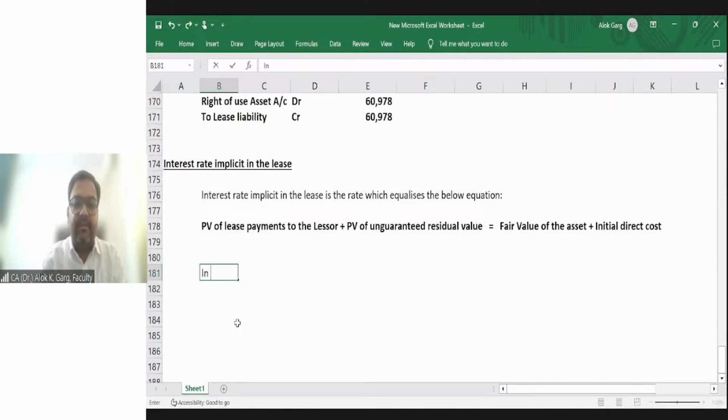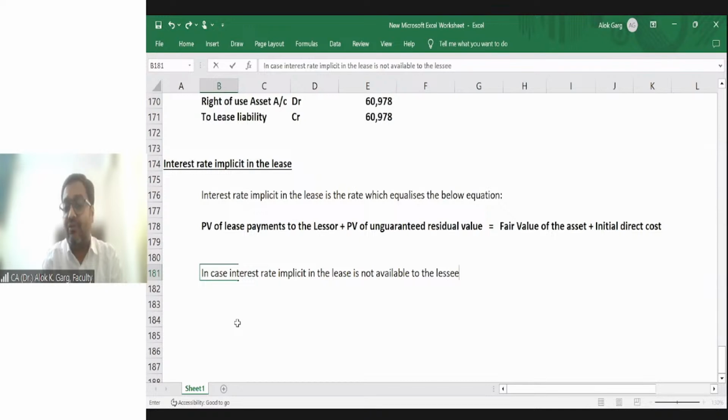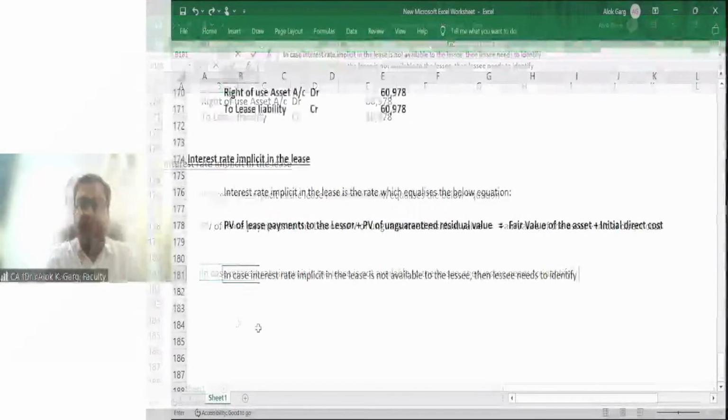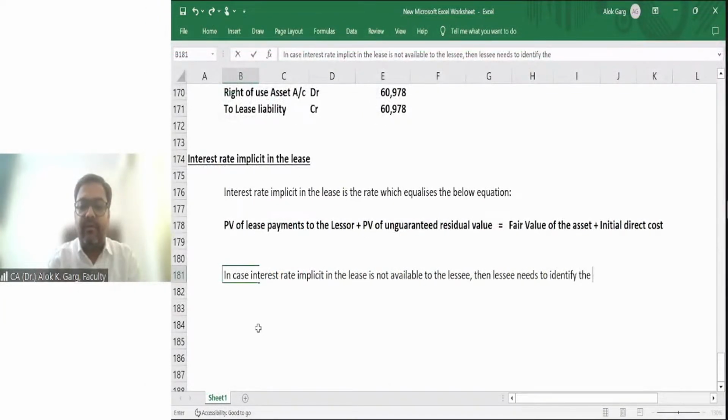In case the interest rate implicit in the lease is not available to the lessee, because this is the lessor rate, then the lessee needs to identify the incremental borrowing rate to the lessee.